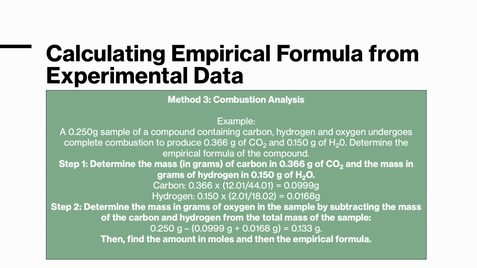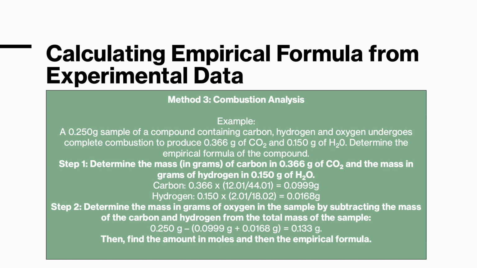To find the carbon, we multiply the mass in grams of carbon dioxide by the percentage composition by mass of carbon in CO2, which gives us 0.0999 grams. We do the same for hydrogen: we multiply the mass of water in grams by the percentage composition by mass of hydrogen in water, which gives us 0.0168 grams.